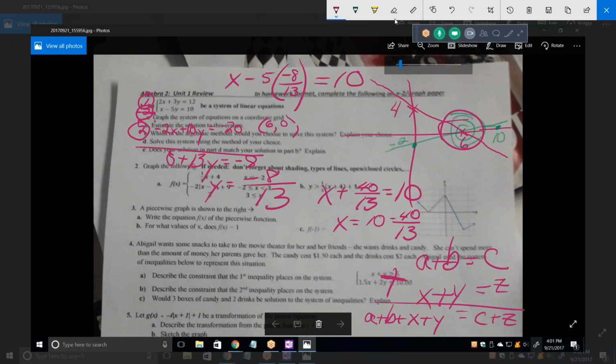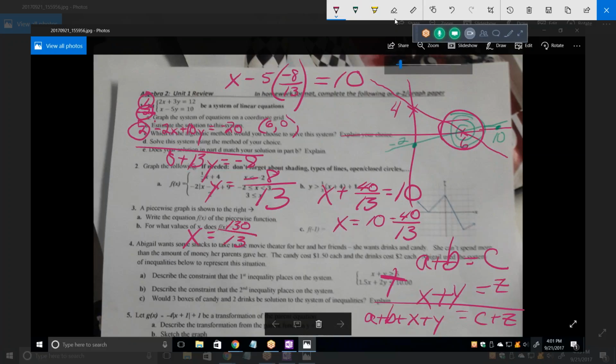You could turn it... 10 is technically 10 over 1, so that's a fraction. So then I think you find a common denominator. Correct. In other words, I'm going to turn the number 10 into some number of 13ths. How many 13ths is it? 130 over 13.